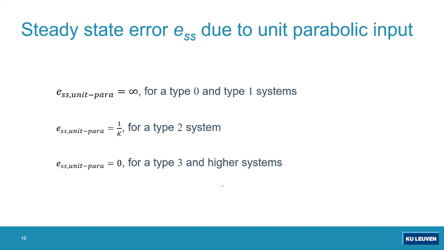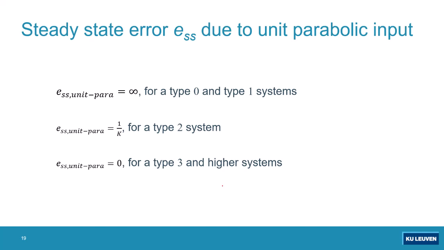On the other hand, in type 2 system, because we have a finite static acceleration error constant, the steady state error will also be finite. It will be equal to 1 over K, where K is the DC gain of the open loop transfer function.